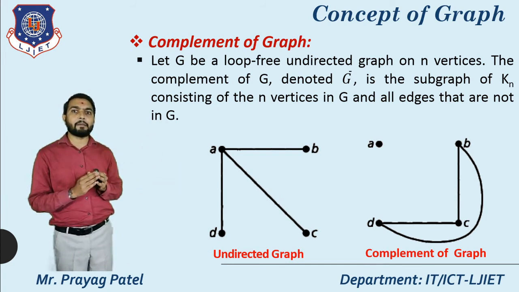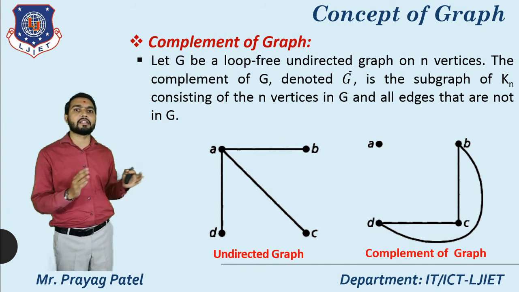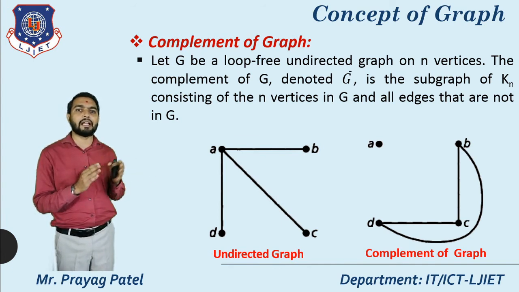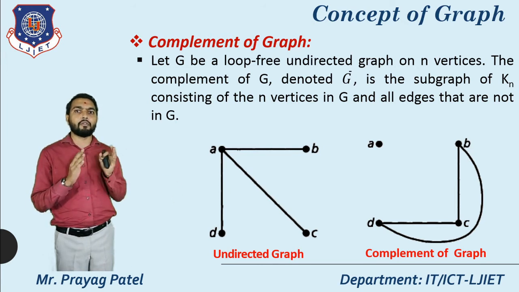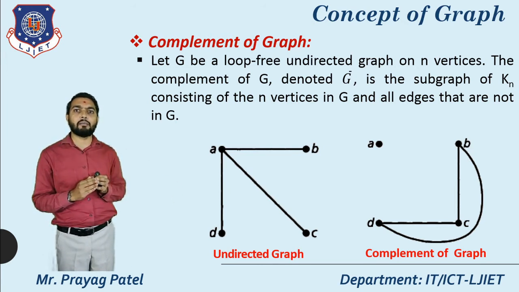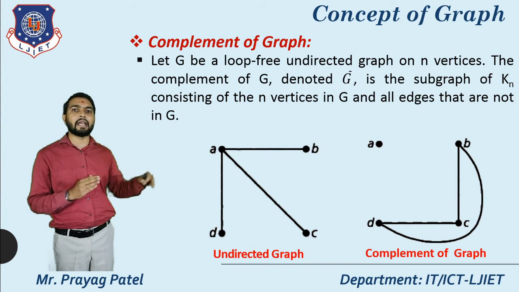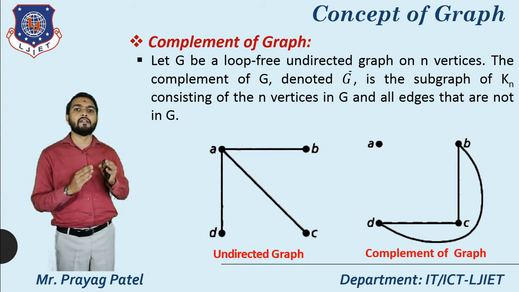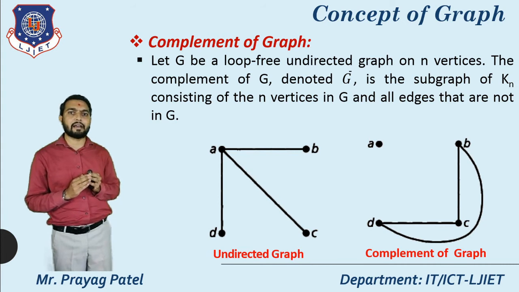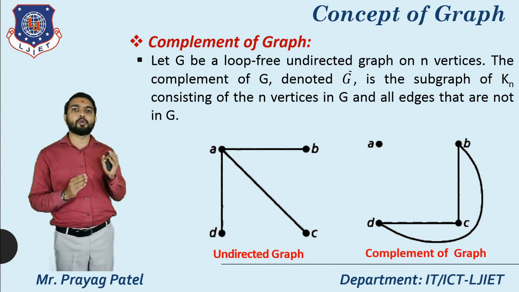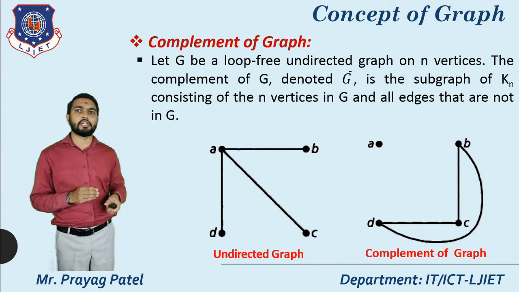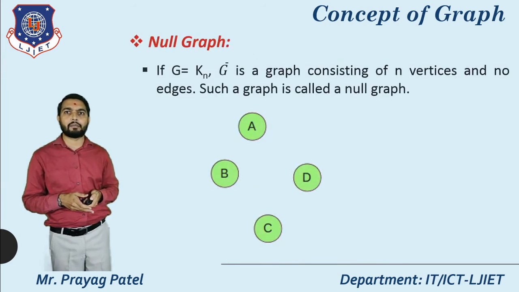So if we merge these two graphs, then the result becomes a complete graph. So the edges that are not available in the first graph, according to the complete graph, are added into the complement graph. So here the complement graph has A, B, C, D as vertices, and B to C, C to D and B to D as edges. So this is called the complement of a graph.